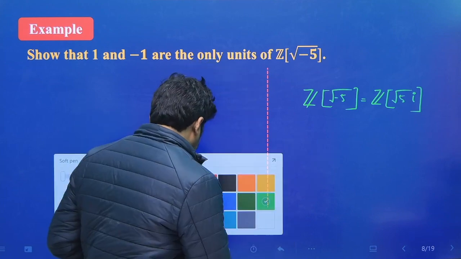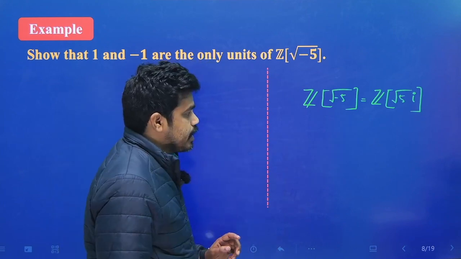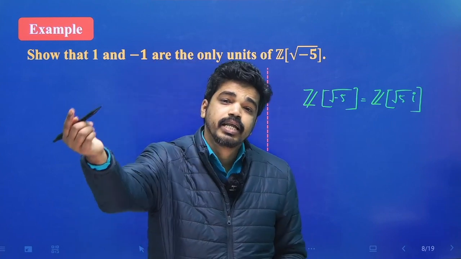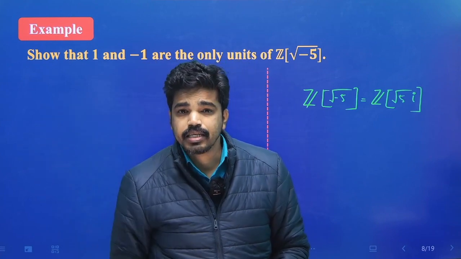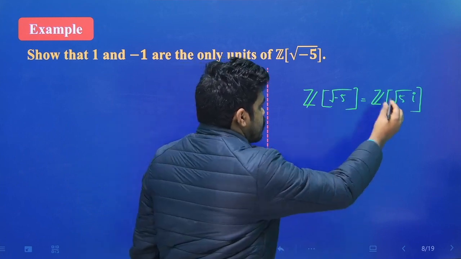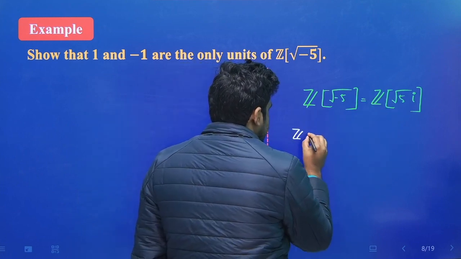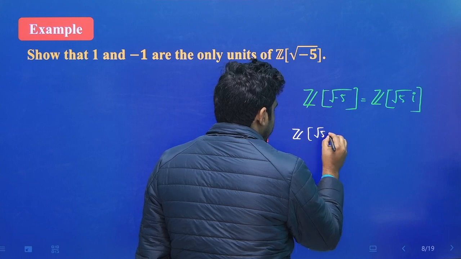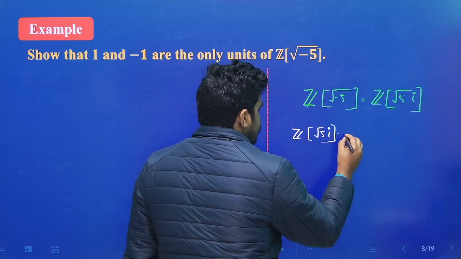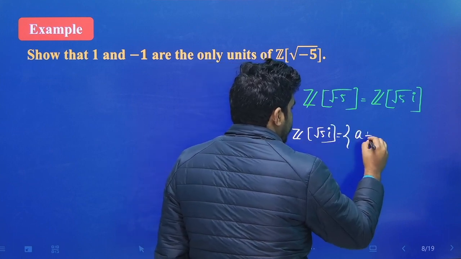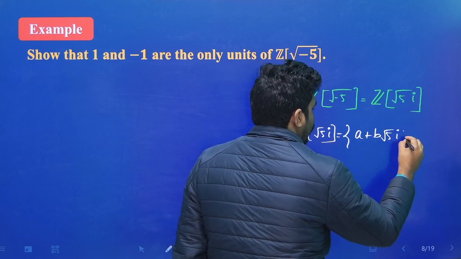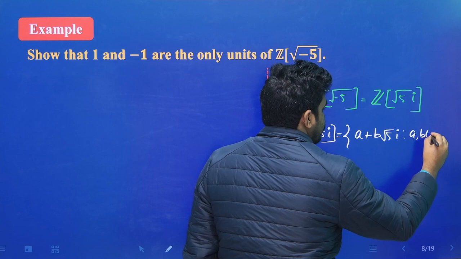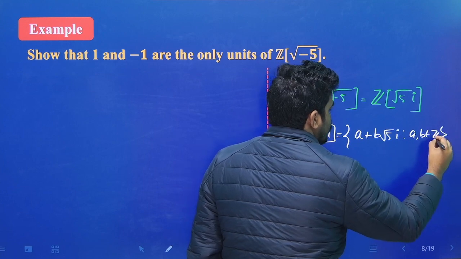Okay. The elements of Zi, what form do the elements of Z take? a plus ib, where a and b are integers, same form. So Z root over 5i, that means a plus b root over 5i, where a and b belong to Z.